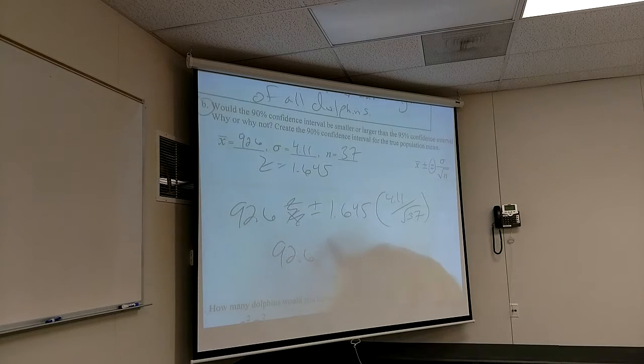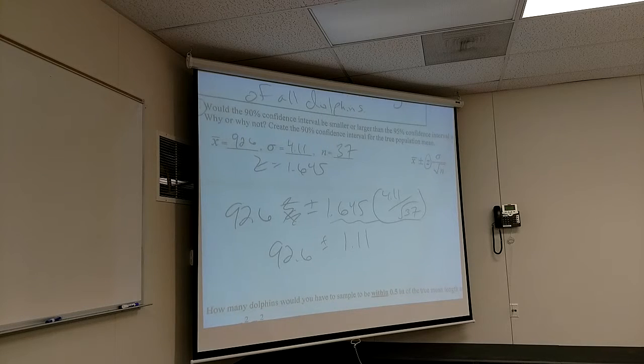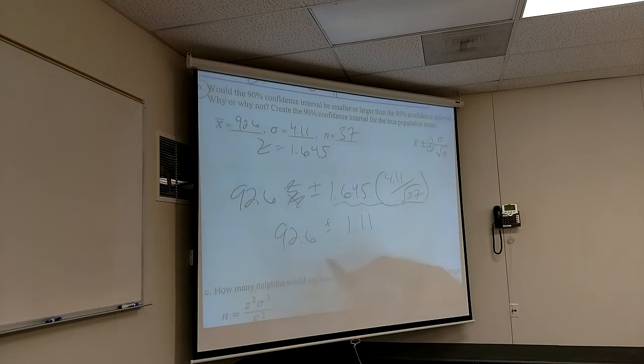So what's your error on this one? $1.11? So I get, what do you got, Jeff? 91.49, maybe? Up to 93.71. So we are 90%.